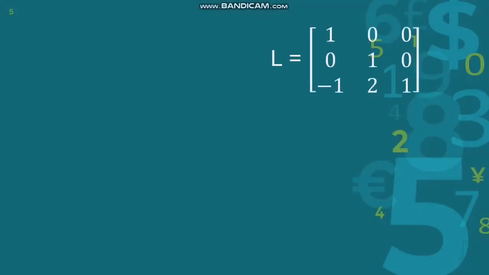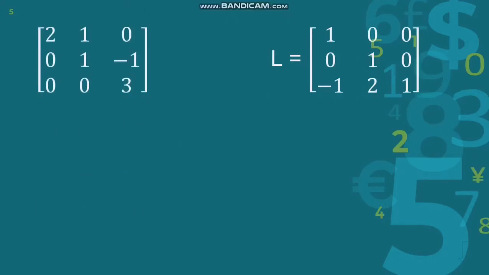Then, we have now a new value of row 3, which is 0, 0, and 3.